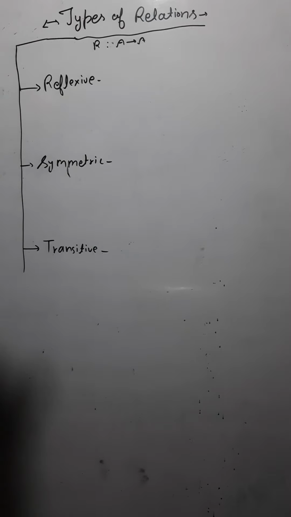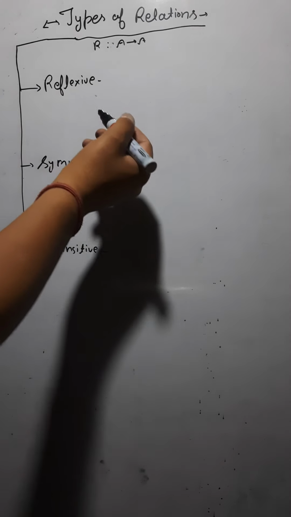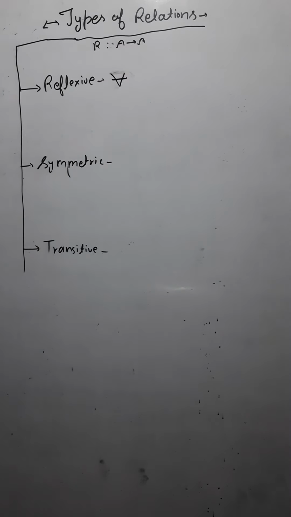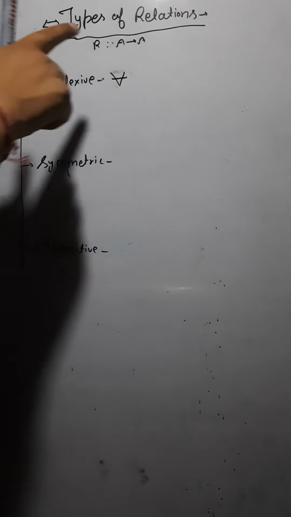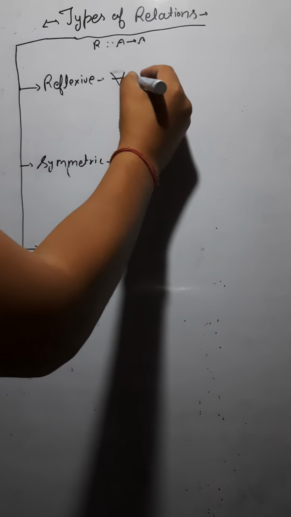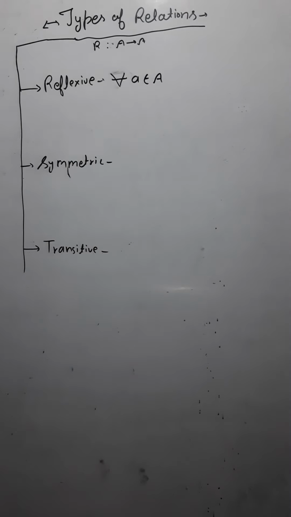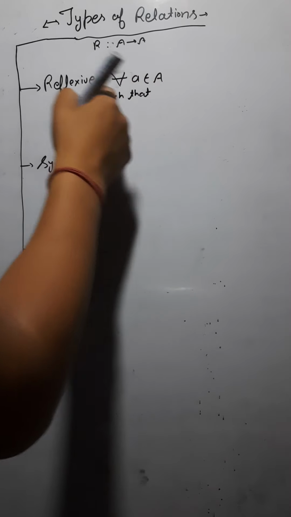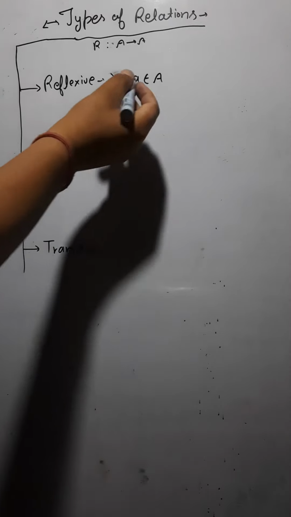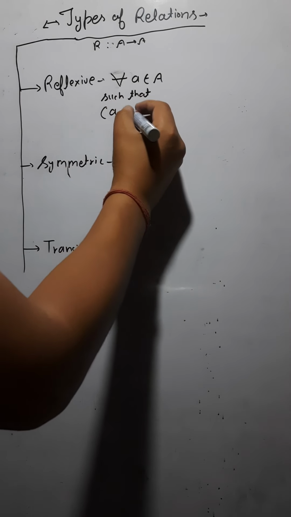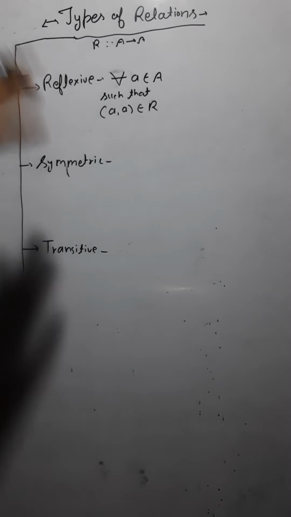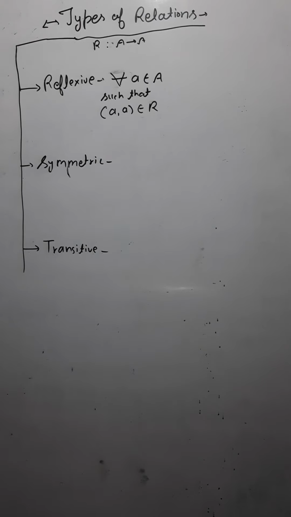A relation is reflexive if, for all, this is the symbol we call for all, a relation would be reflexive if for all a that belongs to A, remember this, its doublet is also there in the relation, such that (a, a) belongs to R. Then only you would call the relation a reflexive relation.